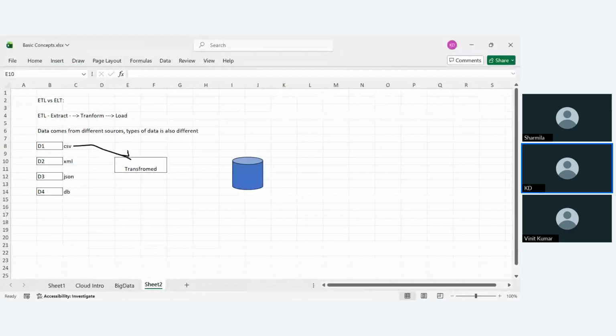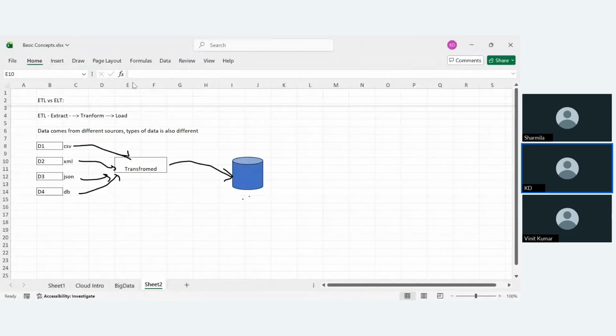It is getting transformed into this one place, and then finally the data is loaded into this database. So this is basically what we say finally becomes a data warehouse.